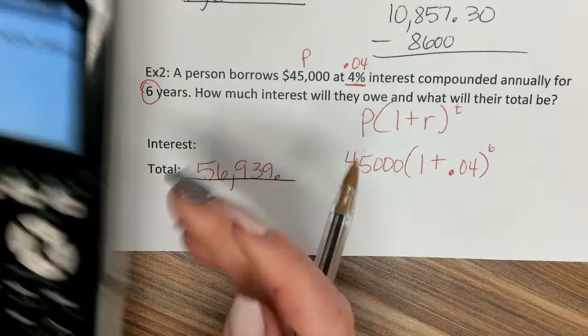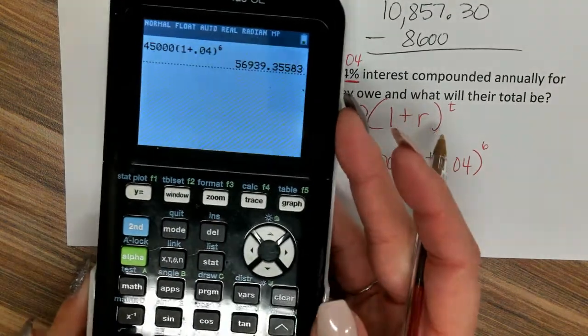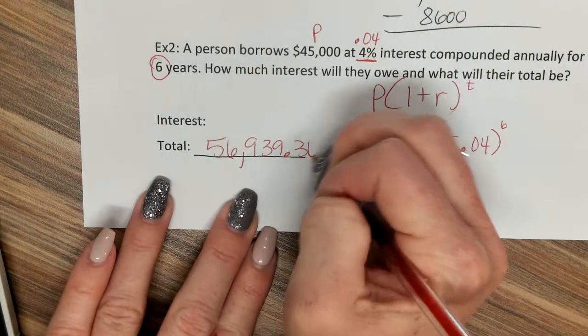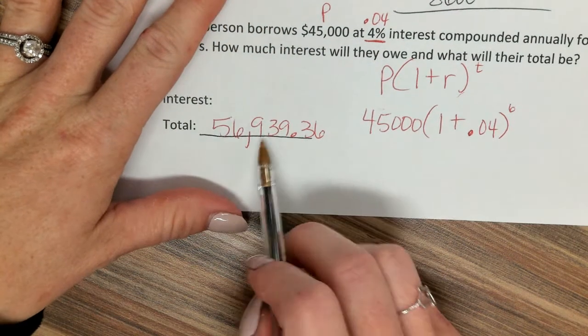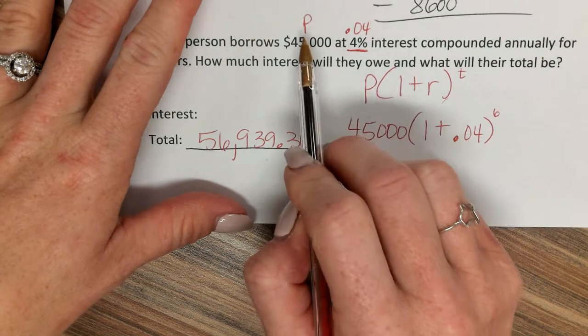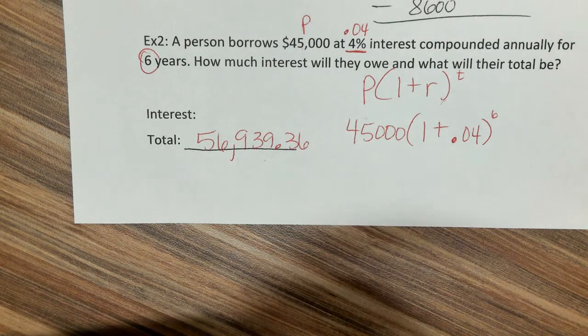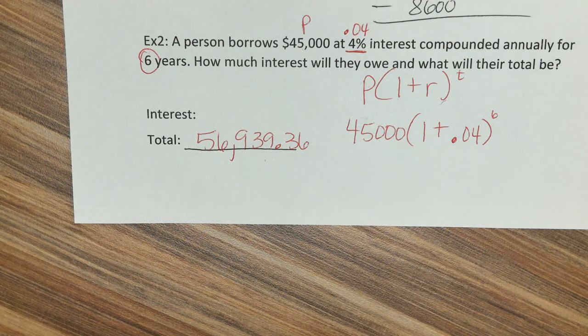$56,939. Now, would it be 35 cents or 36 cents? Because you have to round up because the next number is 5 or more. So 36. If you put 35, it's pretty much the same answer, but your other number would just be slightly off, okay? That's going to be my total bill for borrowing $45,000. So what do I do to find out how much interest fee they're charging me?